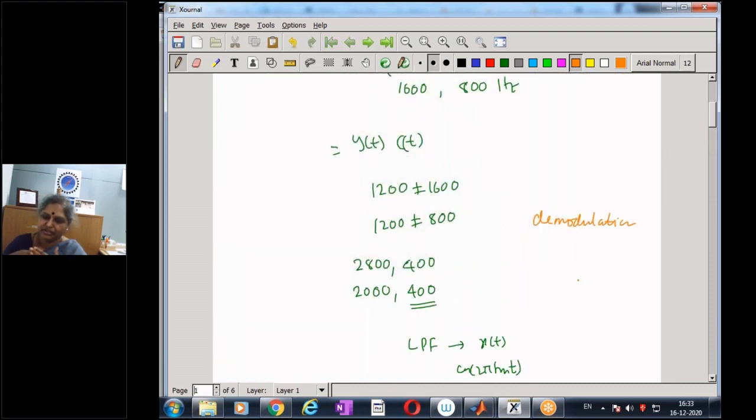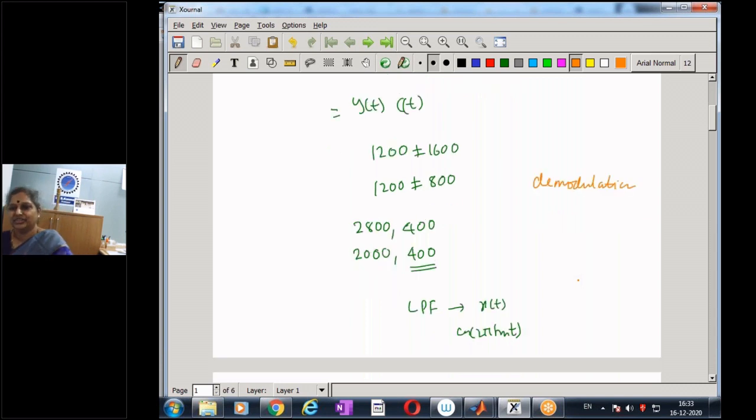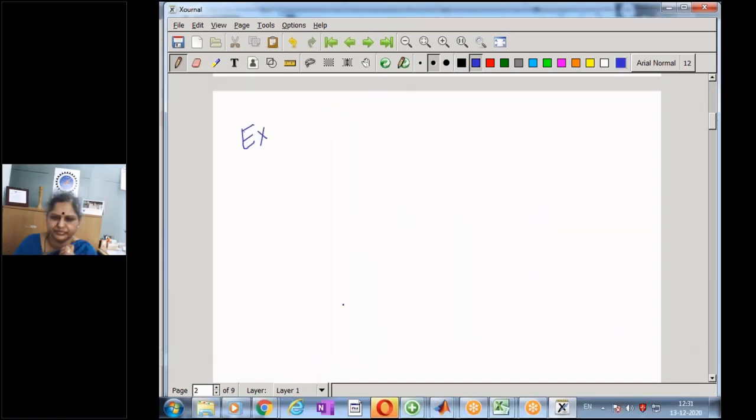So for modulation, for enabling long distance transmission, I put my signal on a high frequency sinusoidal signal, and I multiply with the same sinusoidal signal at the receiver, and I can pass it through a low pass filter and get back my message. The whole communication theory, long distance communication, all works on this simple concept of multiplying by a cosine signal.